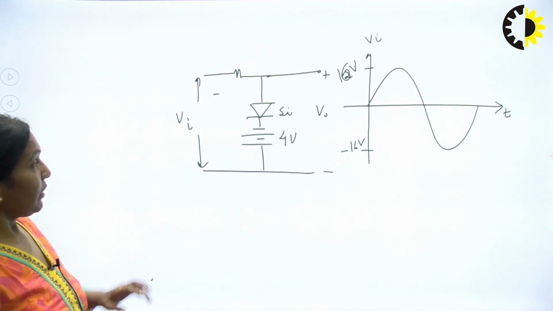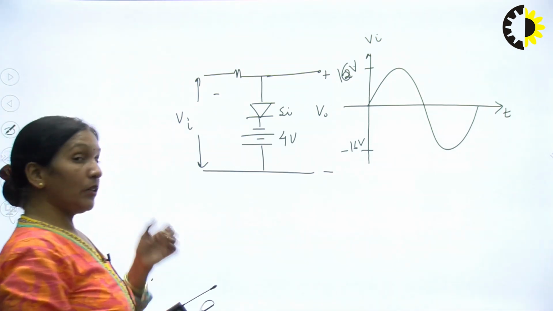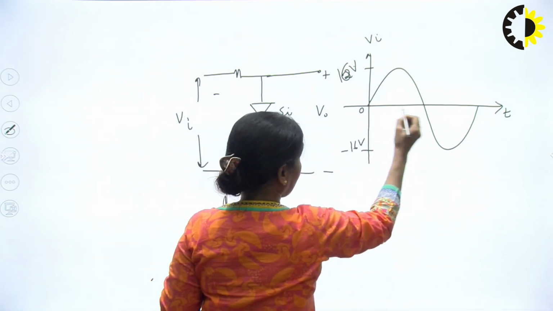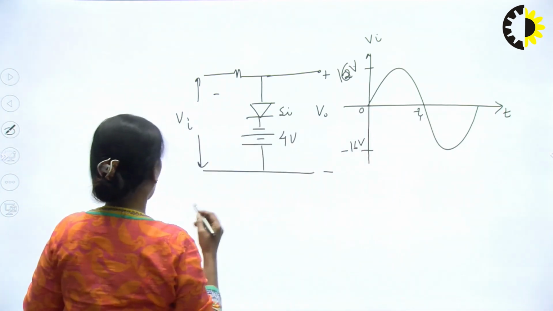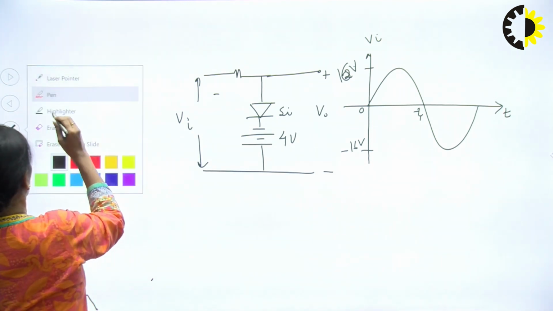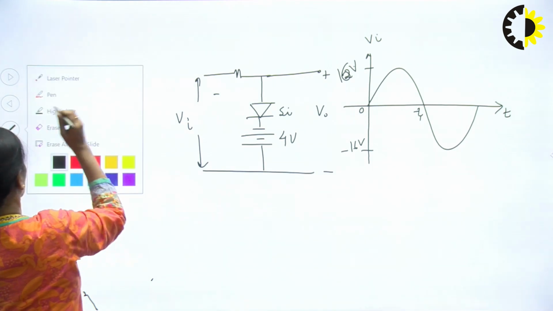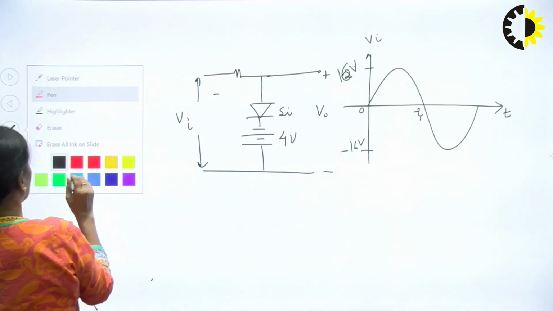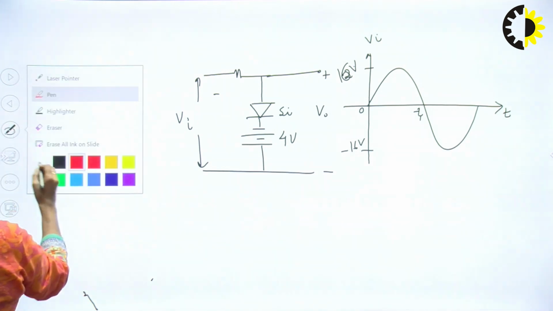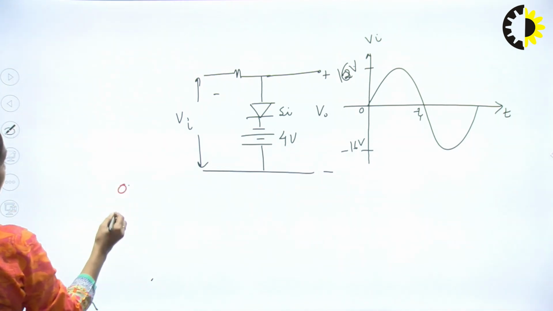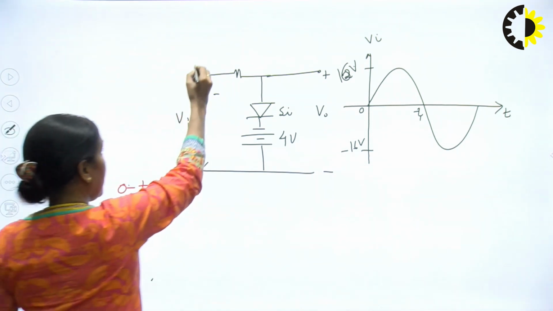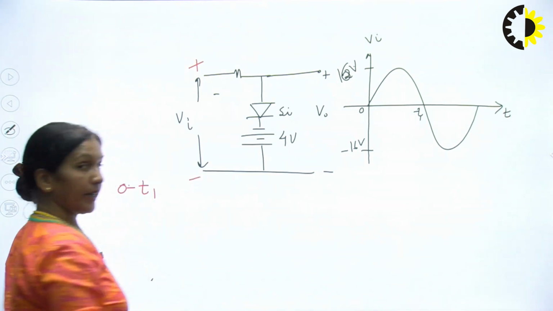So now starting with the analysis during the positive half cycle, you can see that during the entire positive half cycle, that is 0 to T1, this terminal will be positive and this will be at negative potential.